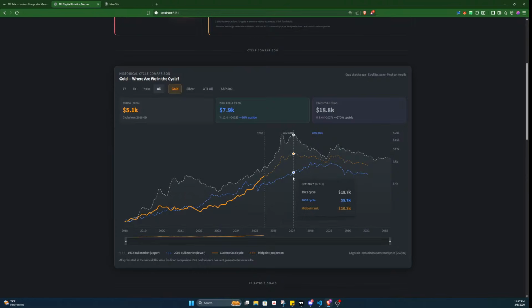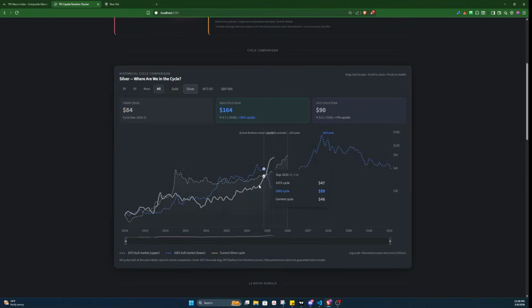But if we went with even the conservative estimate, right around February 2027, we could peak out with gold, and then we kind of slowly roll over. This is the acceleration period according to historical norms.